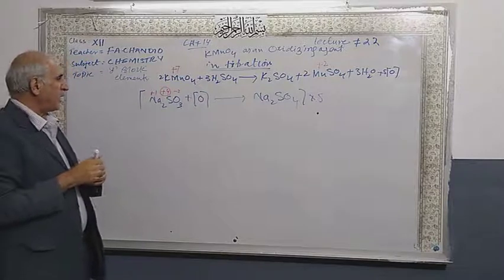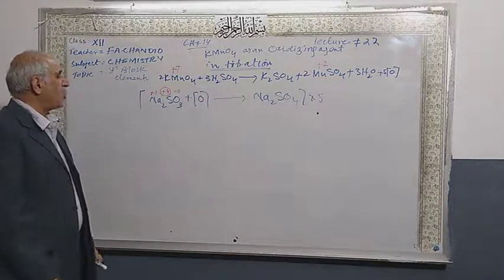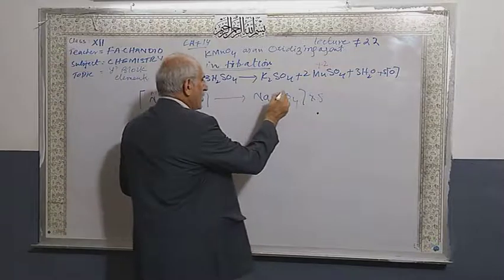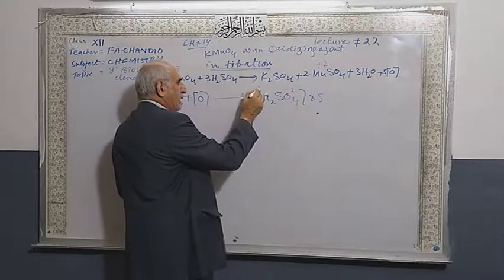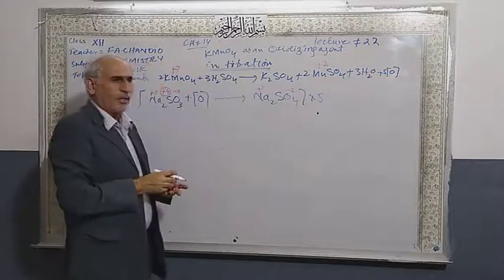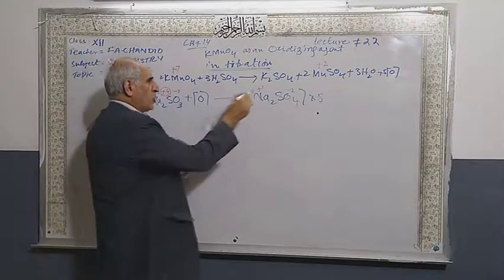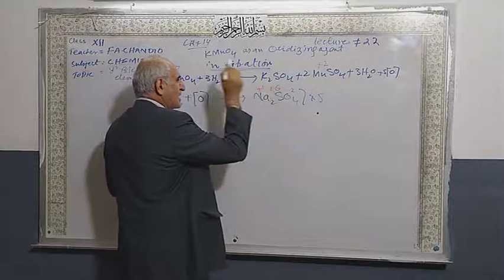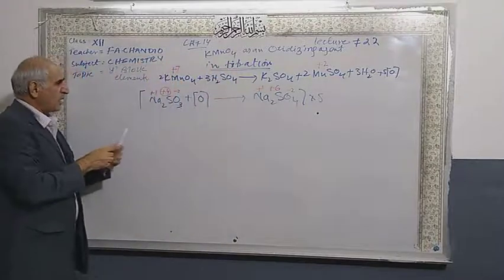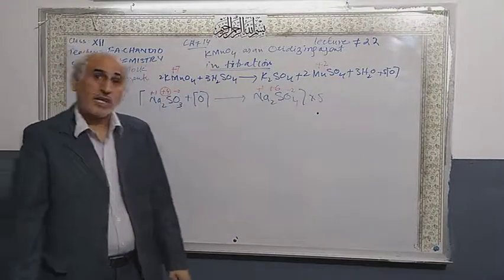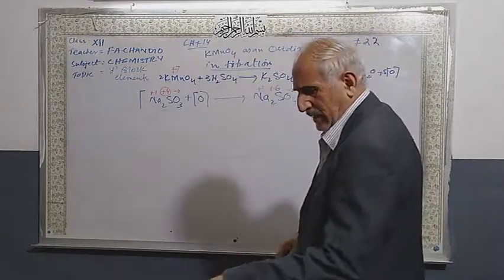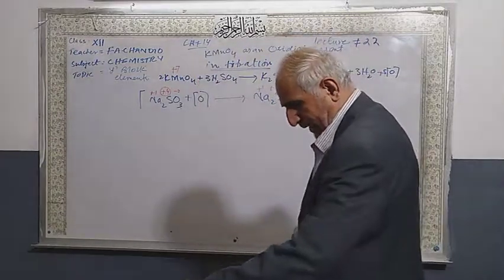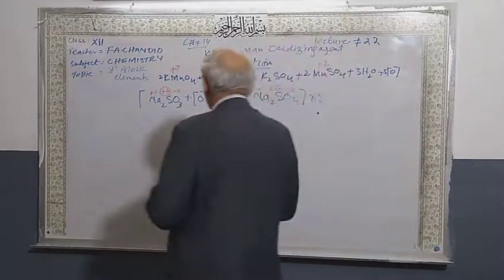The oxidation number of sulfur is +4 here. In sodium sulfate, oxygen is -2 multiplied by 4, -8, sodium is +1 multiplied by 2, +2, so the sulfur is +6. This means sulfur is going to be oxidized.